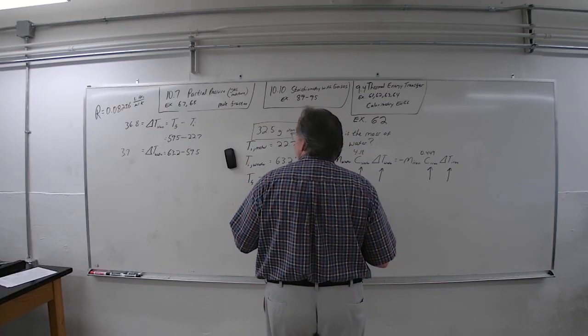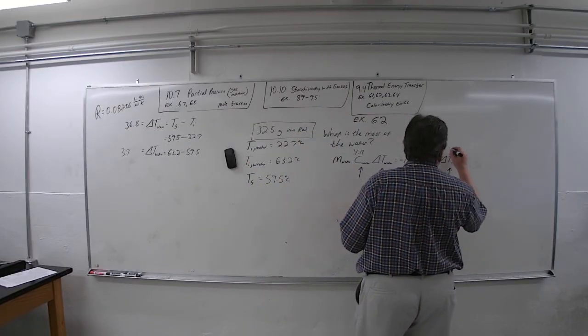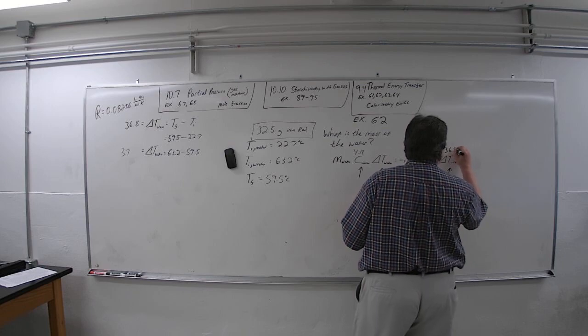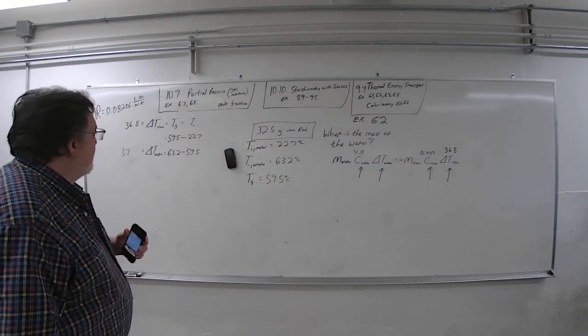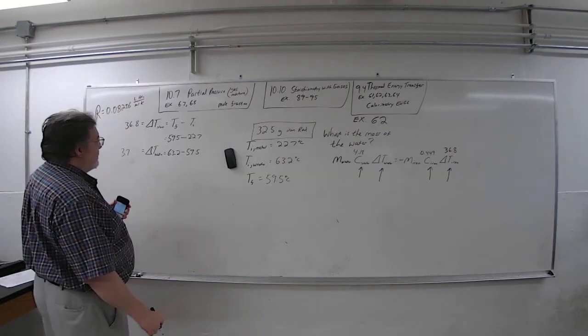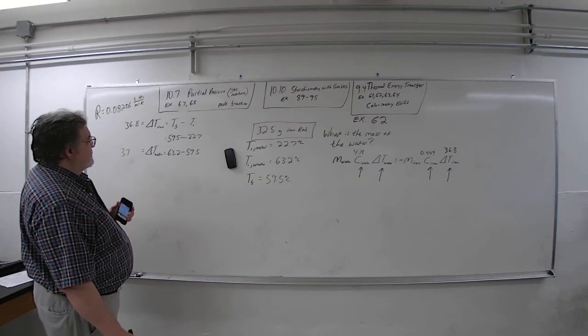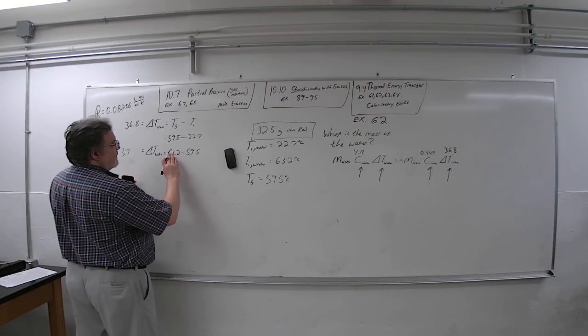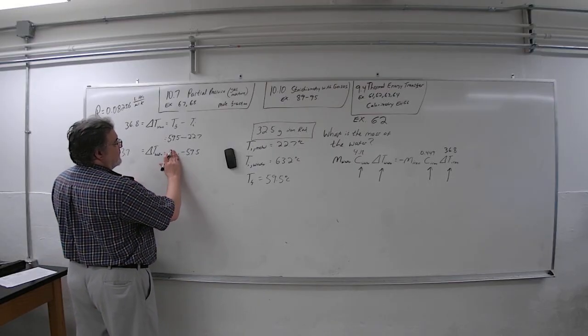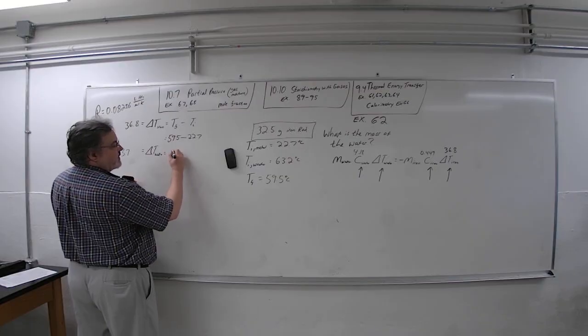Okay, the delta T for iron was 36.8. I have a question. Huh? So for delta T of water, it should still be the temperature of the final minus the temperature of the initial. So how is, oh, yeah, I calculated that wrong.